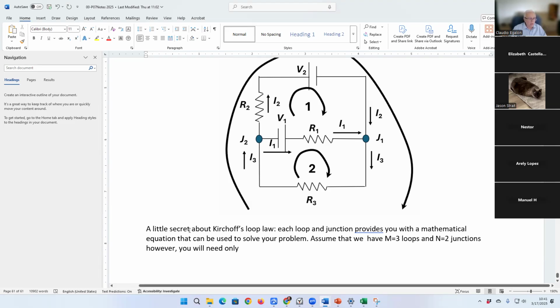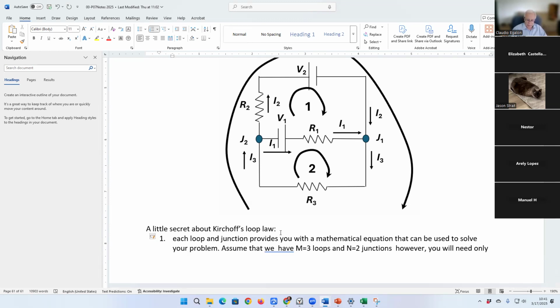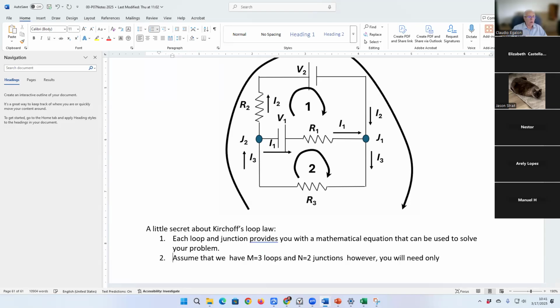A little secret. 1. Each loop and junction provides you with a mathematical equation that can be used to solve this problem. Okay? 2. Assume that we have 3 loops and 2 junctions. Okay?